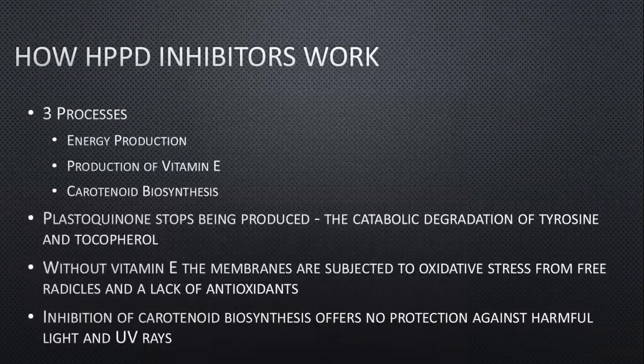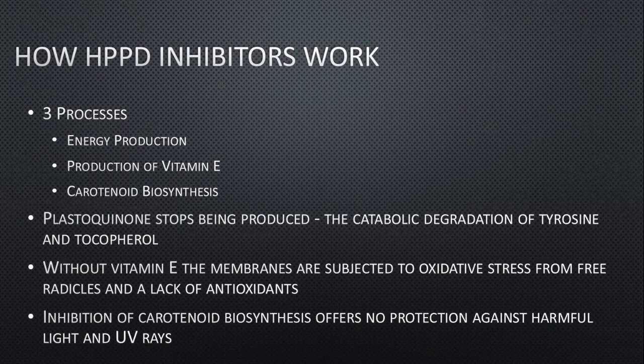And so the way this actually kills the plant is a cumulative effect of 3 different processes. And so once you stop the production of a plastoquinone, there's no more energy, the plant stops growing. Without vitamin E being produced, there's nowhere for those free radicals that are always going to be produced from photosynthesis to have a way to come down to a lower state.